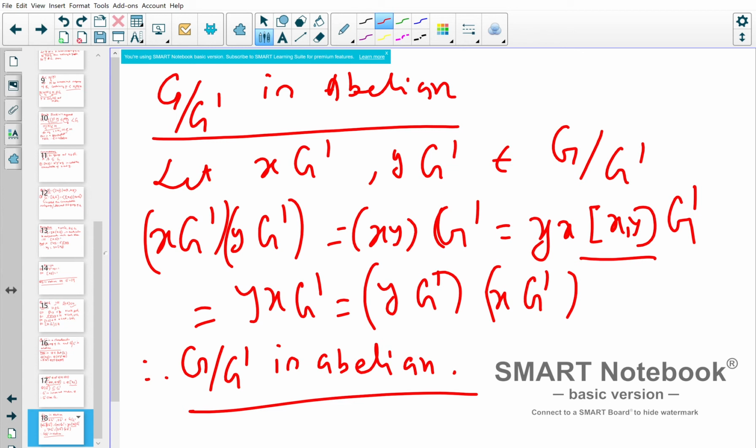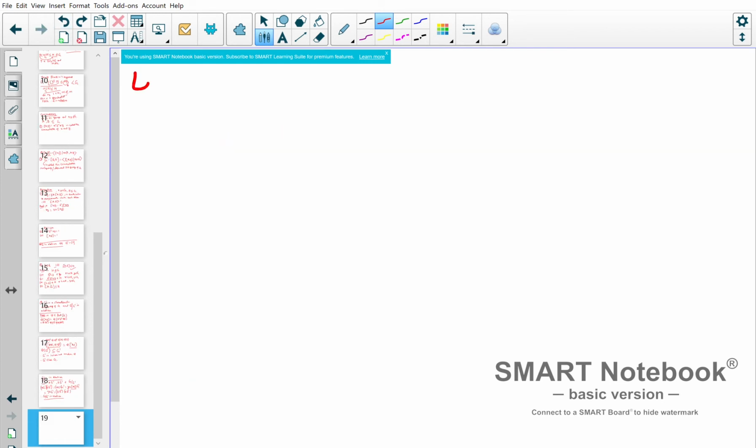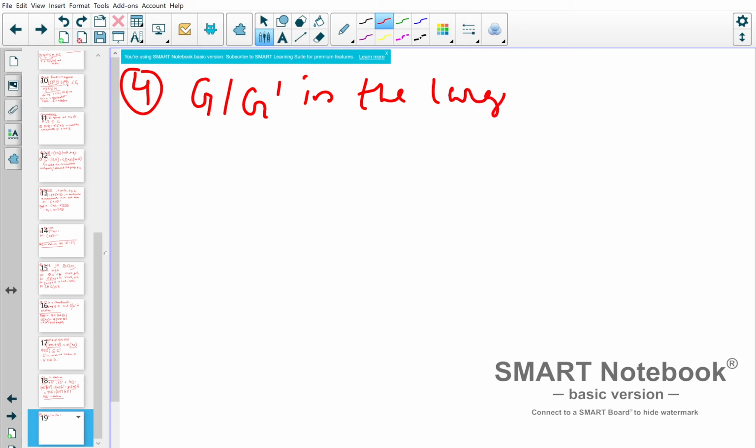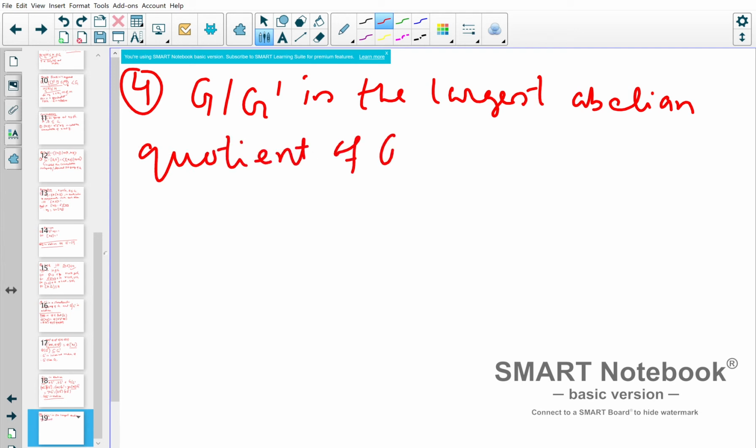Clear? Now the most important property we are going to discuss is property number 4. It tells us that G mod G dash is not only abelian, it is the largest abelian quotient of G. What does that mean?